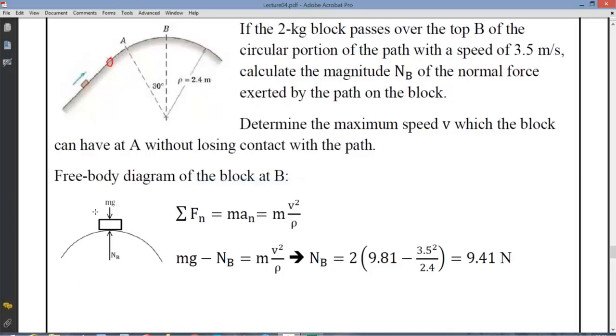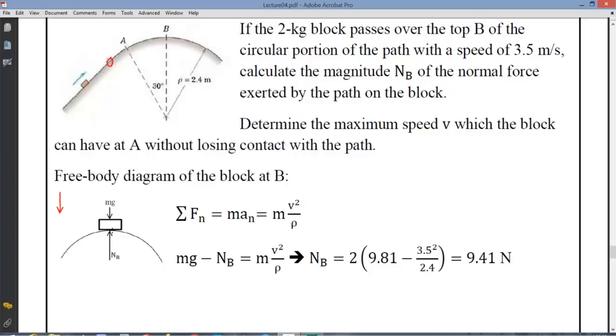As a result of that, we have mg amount of force pushing on it, and then there is this normal force applied by the path on the block.